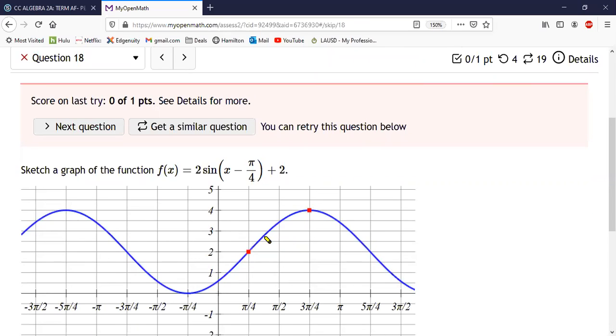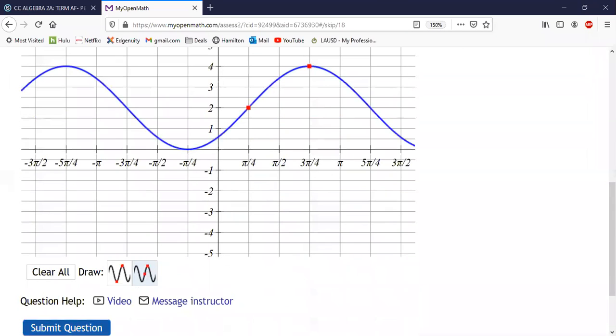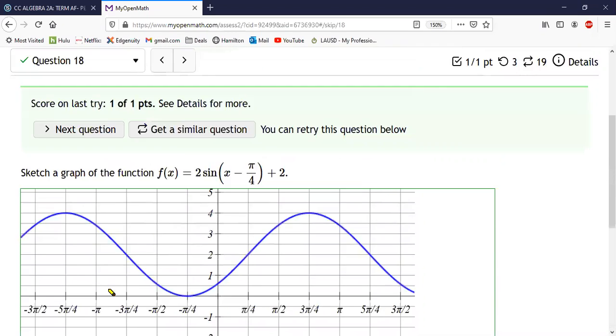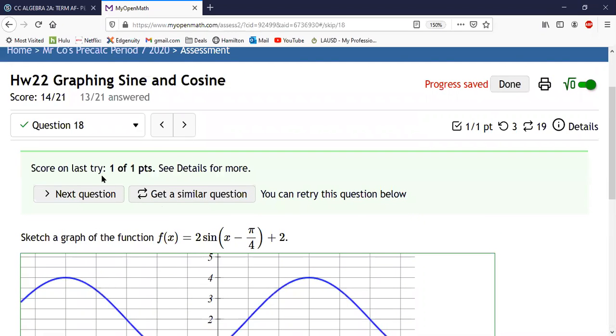Going back, negative pi over 4. Yeah, that seems right. Amplitude is plus 2, down 2. Yeah, that looks right. Try this again. All right, we got it this time. I'm not sure why I got it wrong. That was pretty darn close.